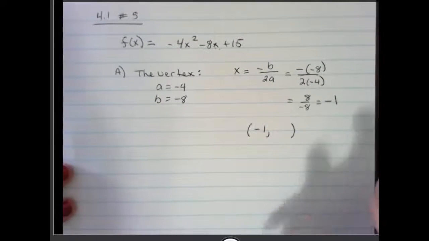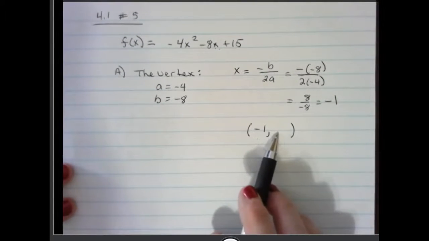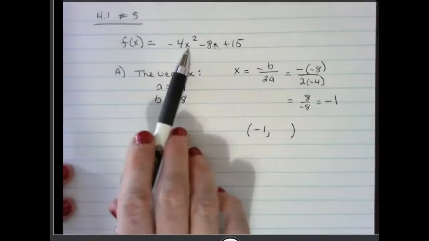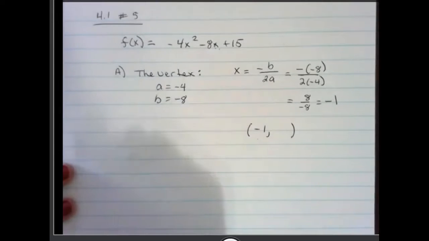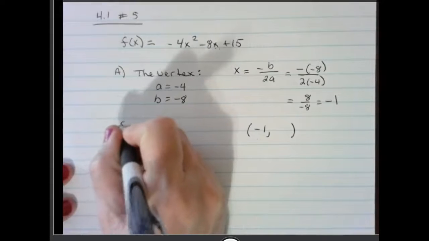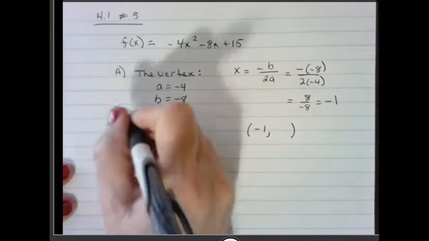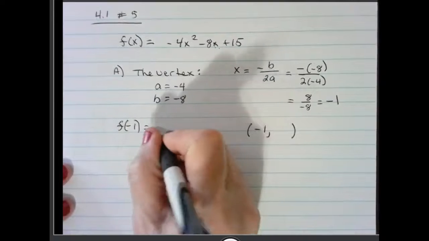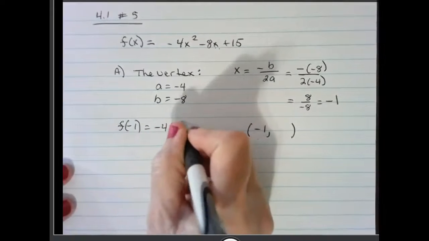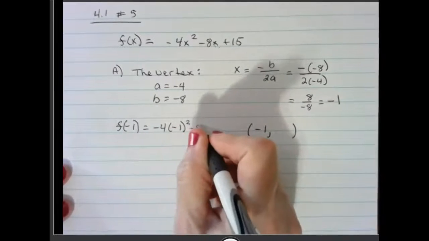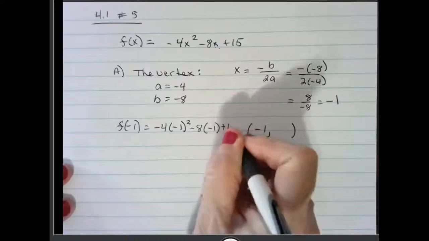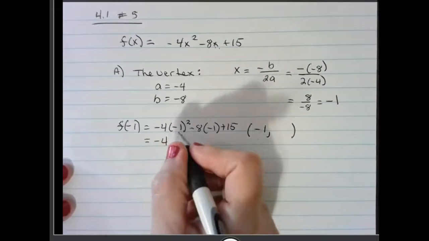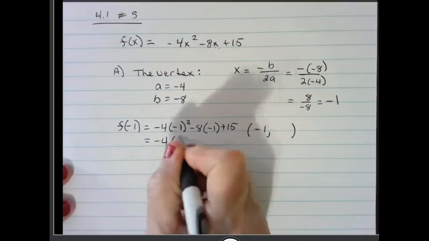And in order to find the y, or f of negative 1, I'm going to plug negative 1 into this quadratic that we're given. So f of negative 1 equals negative 4 times negative 1 squared minus 8 times negative 1 plus 15. Well, negative 1 times negative 1 is 1.